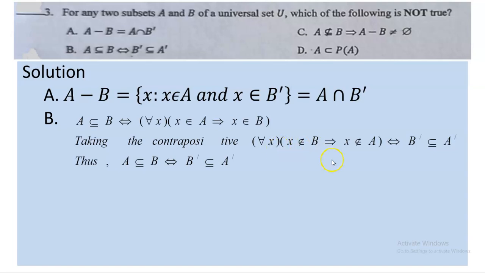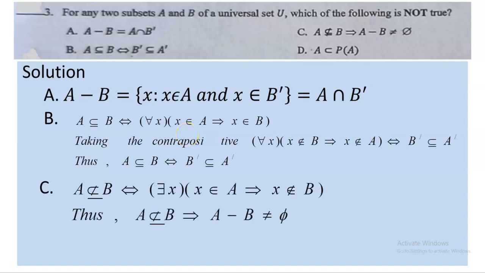So for all X, if X is an element of B prime, then X is an element of A prime. And this can be understood as B prime subset of A prime by definition. So whatever two sets you might have, if A is a subset of B, then it's true that B prime is a subset of A prime too. So B is true.